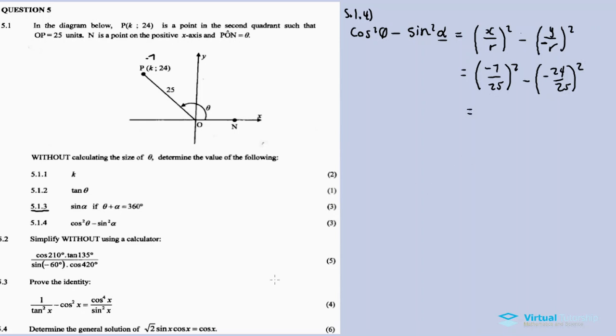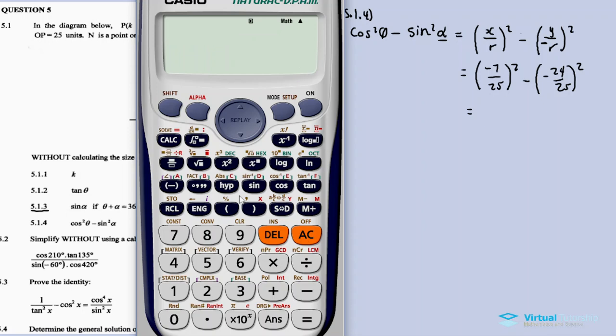And then this is equal to, let us see, negative 7 over 25 squared, minus negative 24 divided by 25 squared.